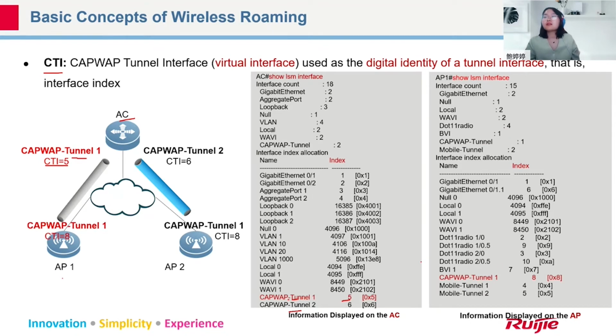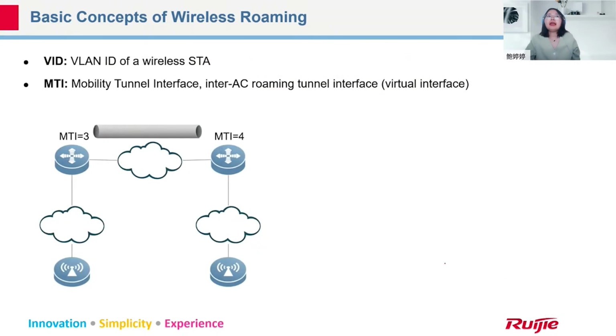You also can find the tunnel number, and the indicate number to become 8. Indicates the local tunnel information. And another one, the CTI is the value to establish the tunnel between the AP and AC.